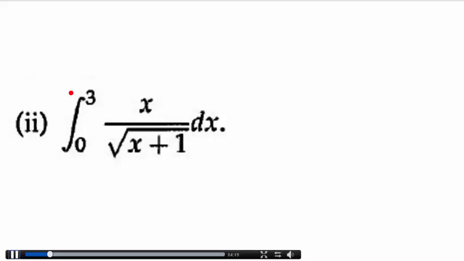So definitely we could make a u substitution for x plus 1, this part.